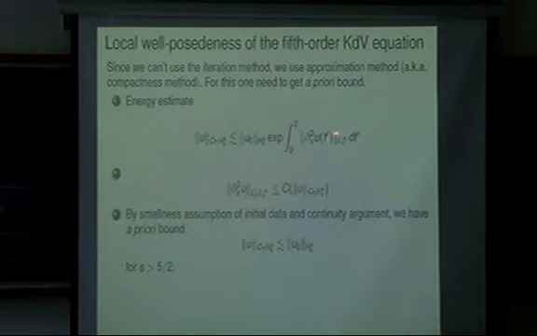So for any function, this is bounded by HS when S is greater than 3½ plus epsilon. But this is not any U. U is a good solution to a dispersive equation. So by using some sort of dispersive estimate, we're going to show this for some lower S.